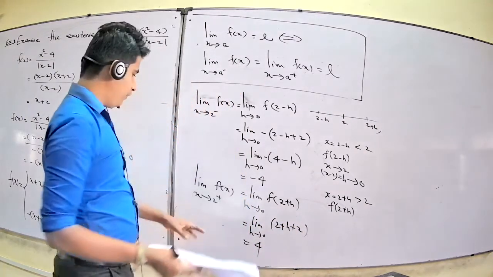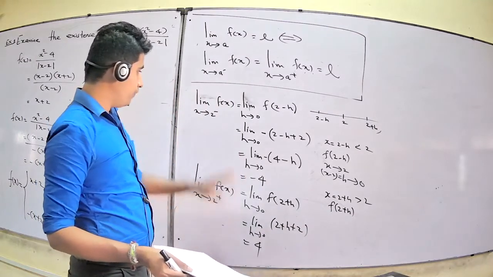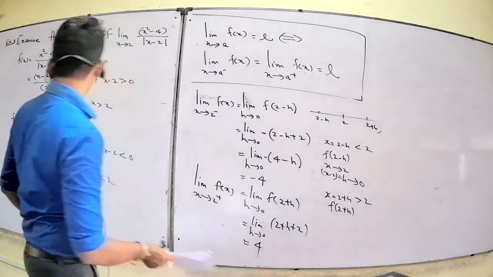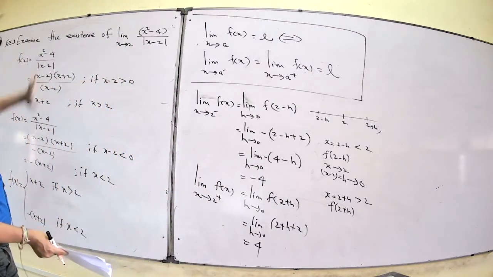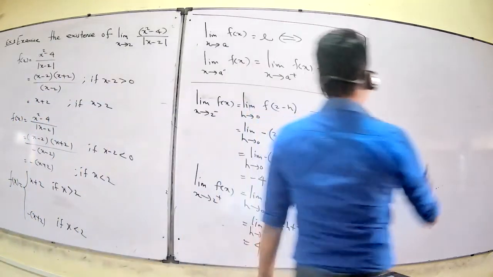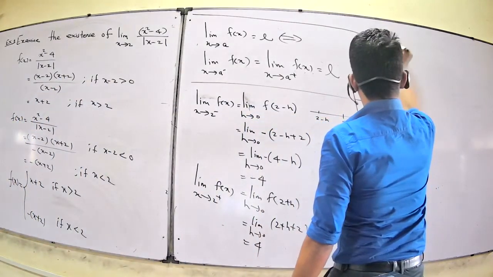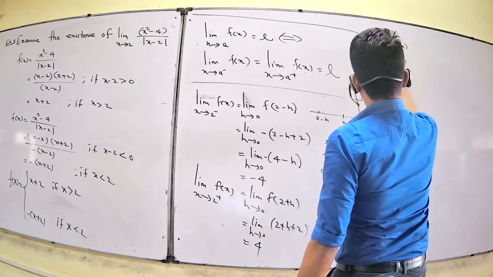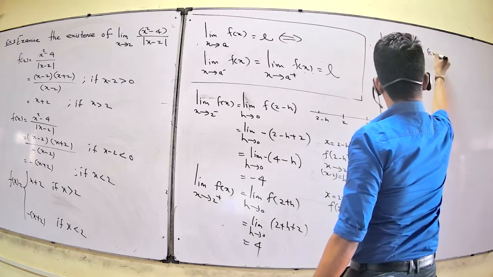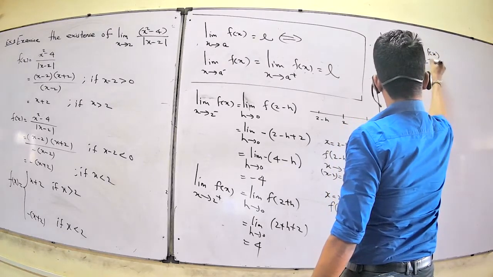Here your left limit is minus 4, right limit is 4, therefore not equal, therefore this limit does not exist, right? Therefore, limit of f of x as x tends to 2 minus is not equal to limit of f of x as x tends to 2 plus.